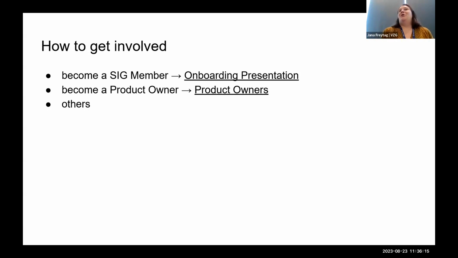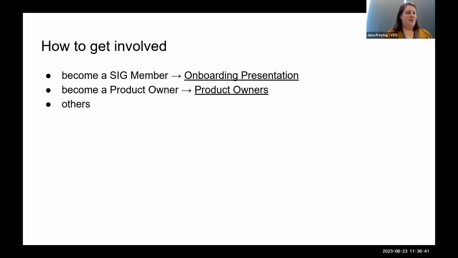You can also become a product owner, which is a jump from SIG member. The Resource Access SIG at the moment is searching for several product owners, and there's a link to how to become one. For example, fee fines and item states are two of the topics missing.